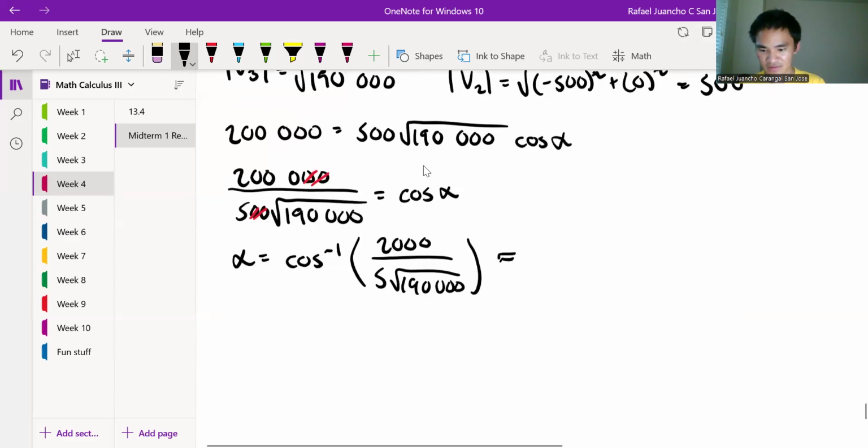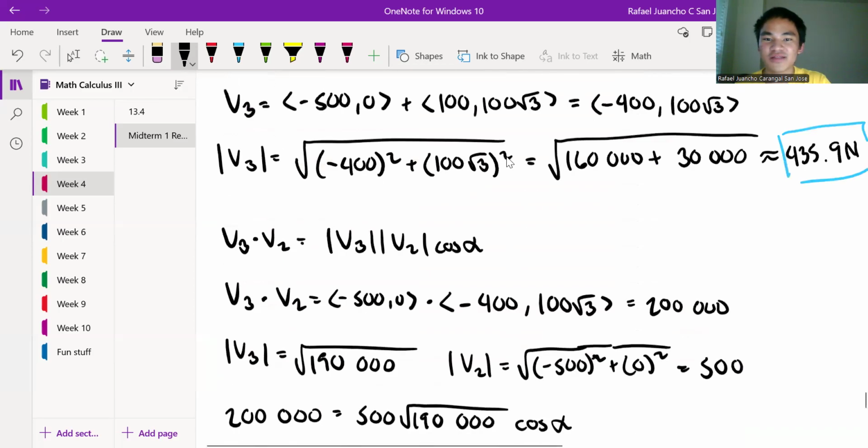Arc cosine of 2,000, I divide it by 5 square root 190, 123. Let's see if we get that. Oh, look at that. Let me try to write everything. 4, 4, 5.